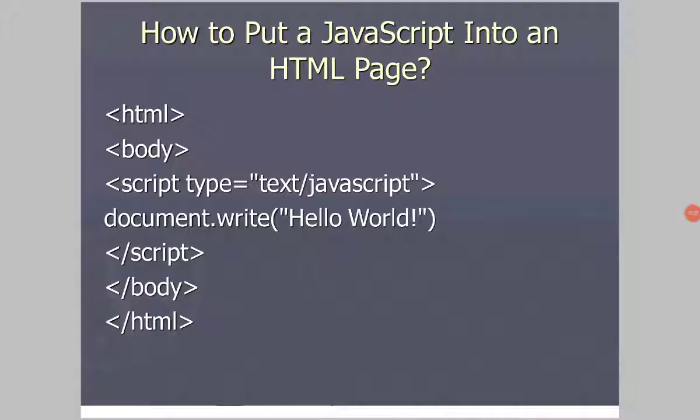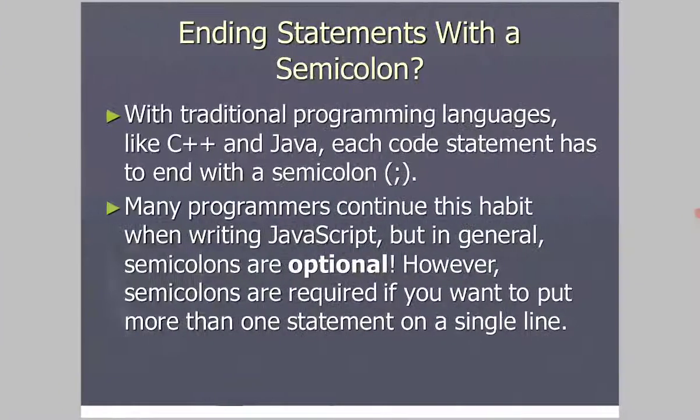So how to use JavaScript in an HTML page? By using the script tag only. Syntax is HTML, body, script, /script, /body, /HTML. So, ending statements with a semicolon.